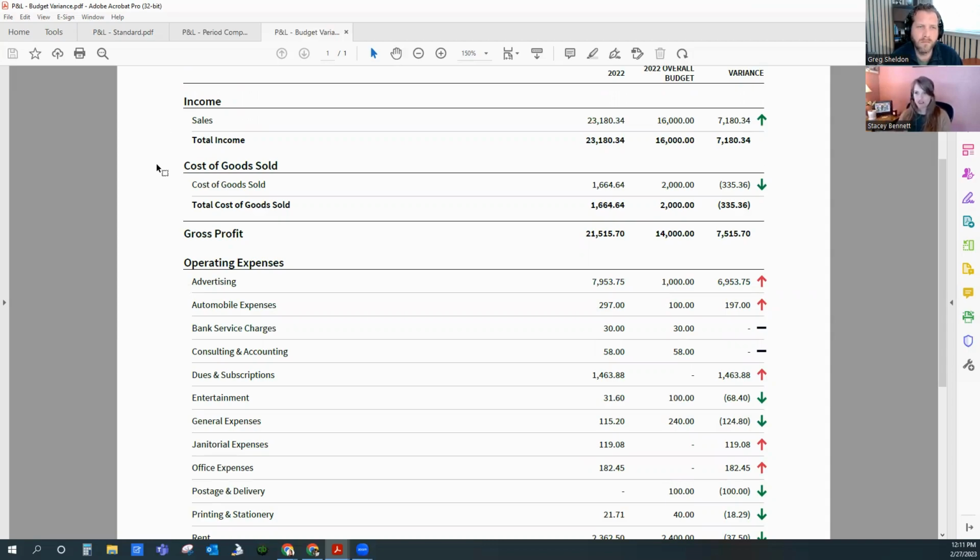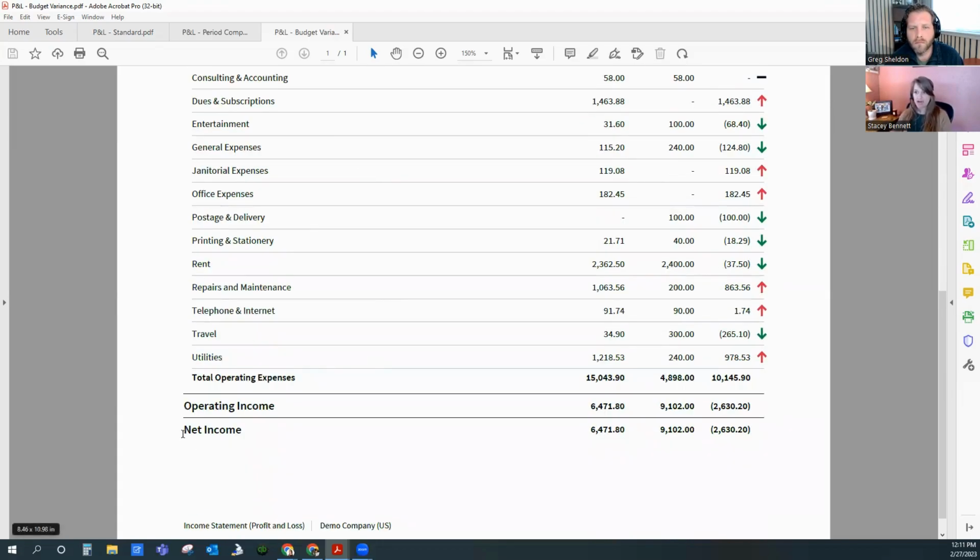There's so much that you can do with the P&L to tell you whether or not the business activities you're engaging in are actually making you money. So that is another pro. And lastly, this is where you go to look at what your tax is going to be. Your net income is going to tell you what your taxable income is at the end of the period.